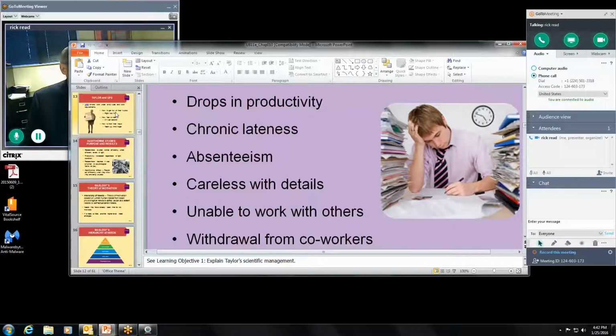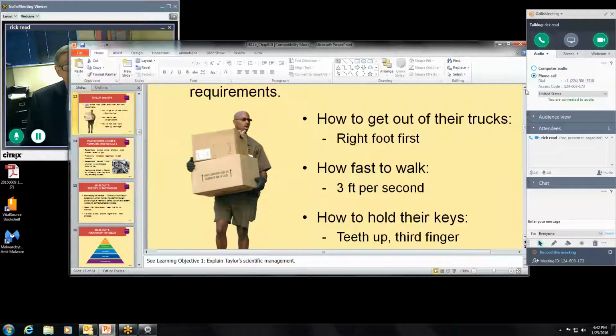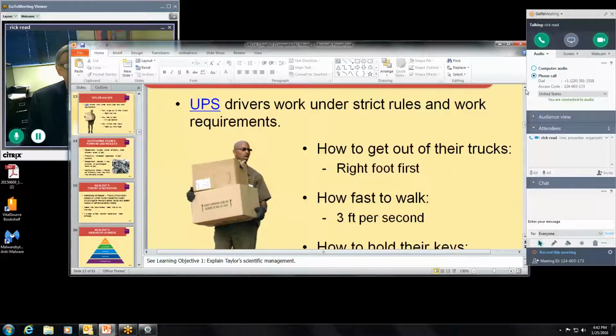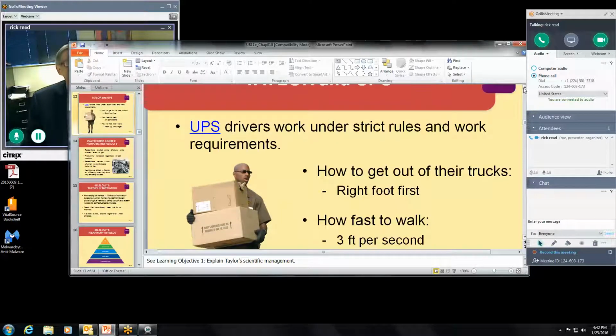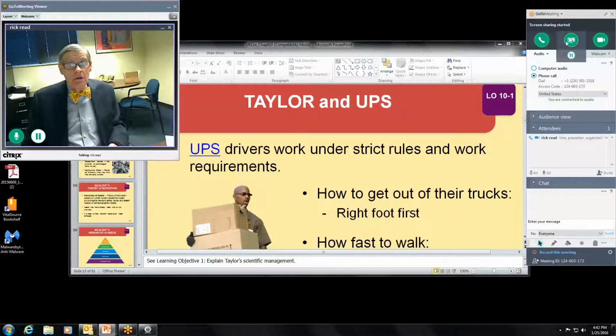Now, Fred Taylor still abounds. Many of his rules, concepts and theories, if you want to say, are still used by United Parcel today. United Parcel has a lot of rules and regulations.